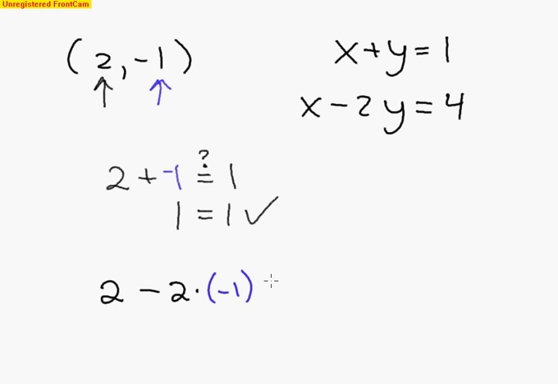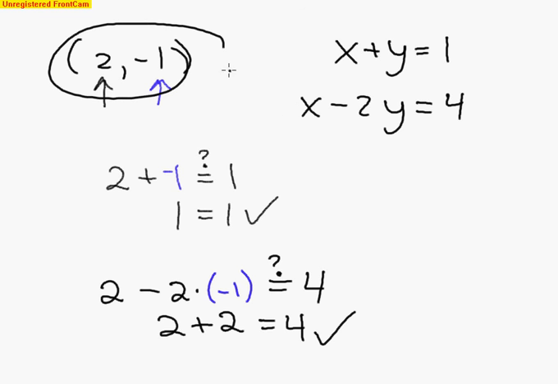And we want to see if that does in fact equal positive 4. Well, negative times negative is positive. 2 plus 2 is in fact 4. So yes, this ordered pair satisfies both equations. And that's what makes him the solution. That's how we'll find the solution by graphing.